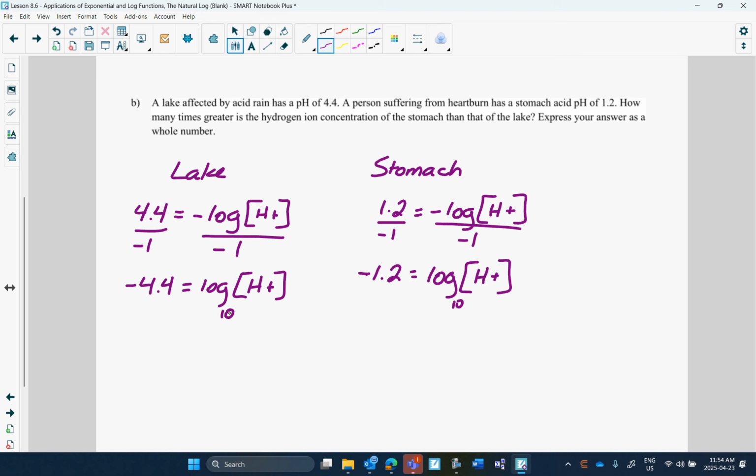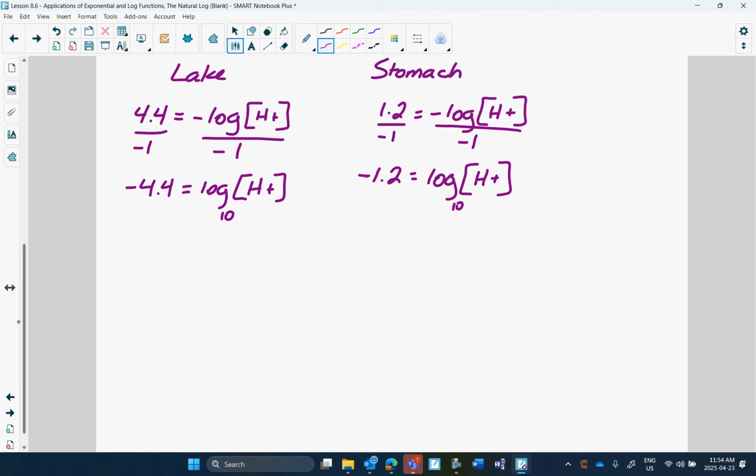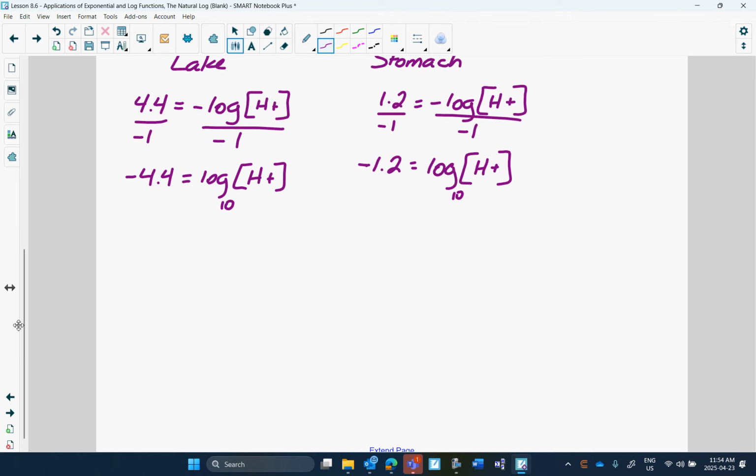What do I do when I have a log on one side and a number on the other? You have to change it to exponent form. To get H plus by itself, let's change it to exponent form. 10 to the -4.4 will equal H plus.